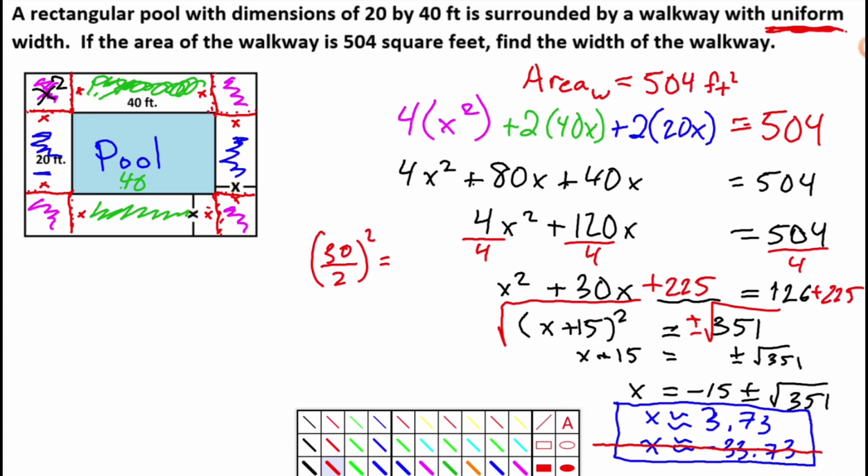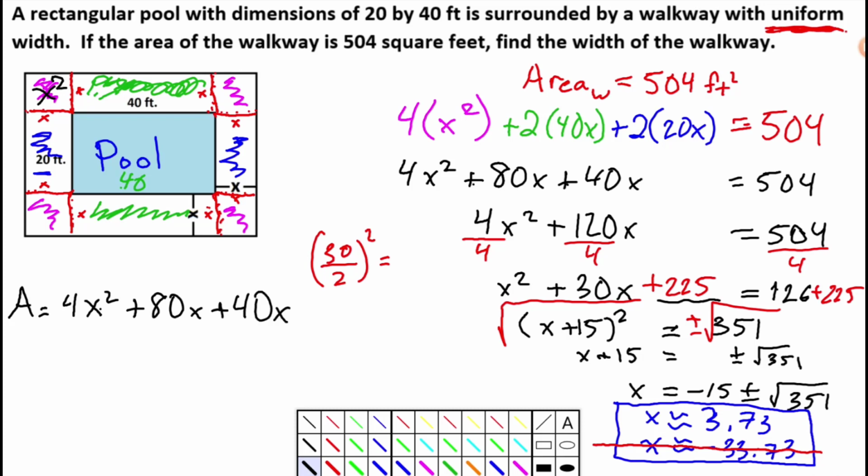Let me just check to make sure this is working properly. So remember what we said earlier. We said the area of the walkway was going to be 4x squared, let me write that, 4x squared plus the 80x plus the 40x.